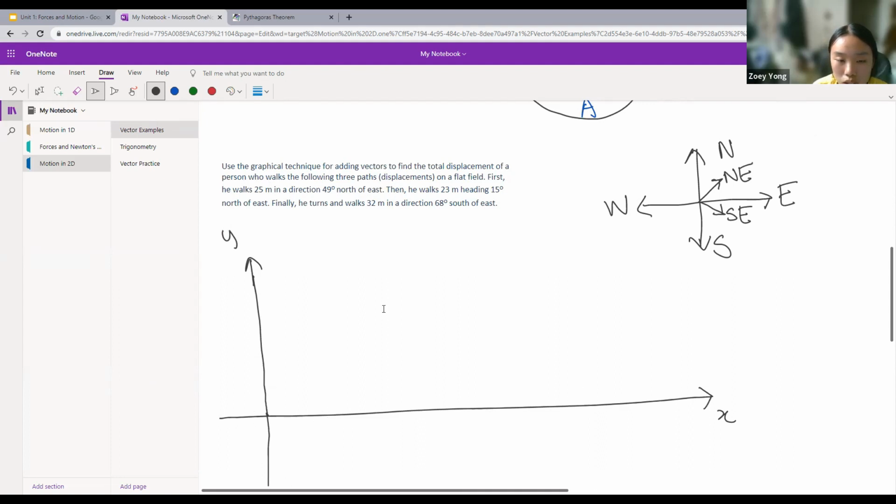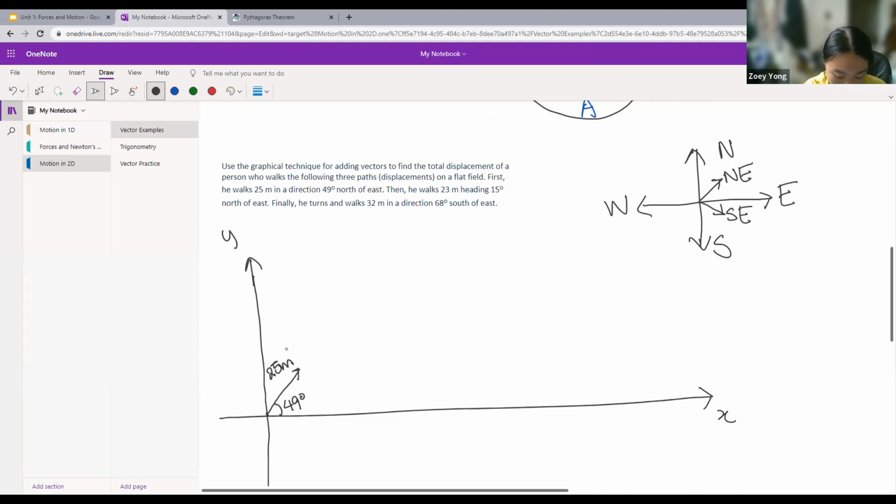Northeast is like this, but it says 49 degrees north of east. If it goes straight up, it's 90 degrees, so 49 degrees is almost halfway, because half of 90 is 45. We're going to say this is about 49 degrees, and this is 25 meters.